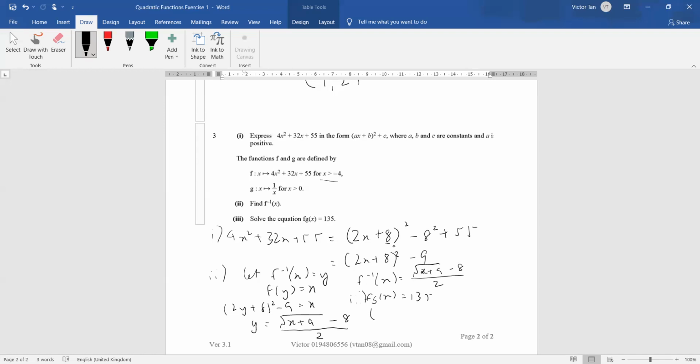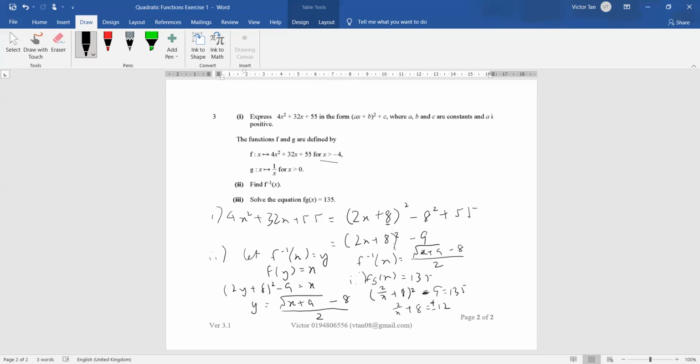So you have (2 over x plus 8) squared minus 9 equals 135. Plus 9 gives 144, so 2 over x plus 8 equals plus or minus 12.